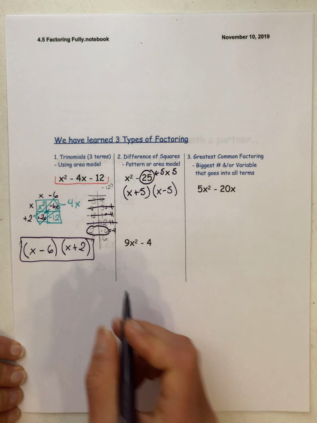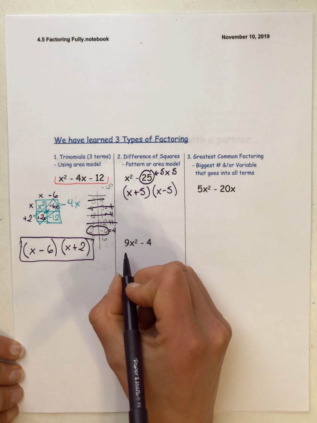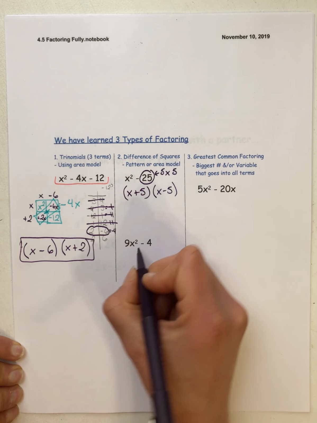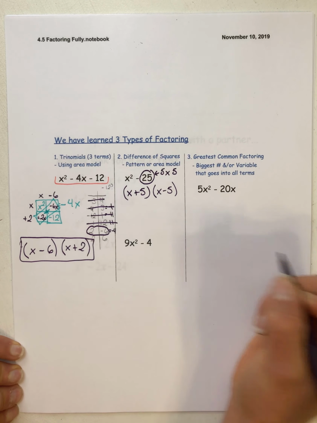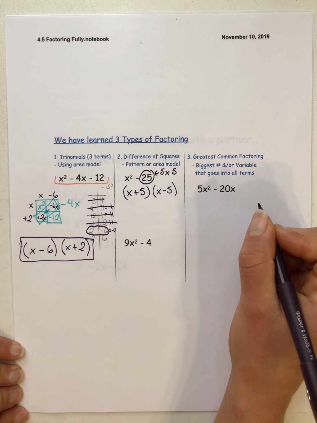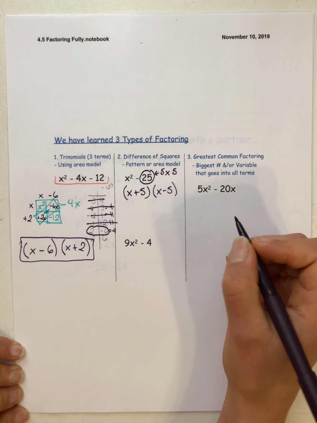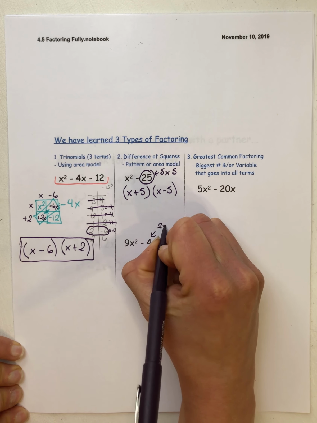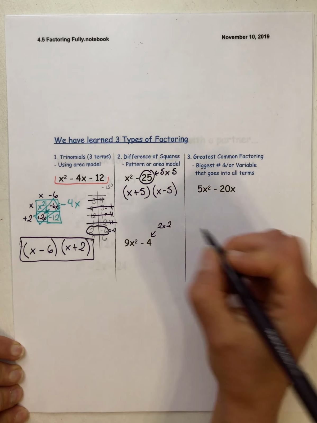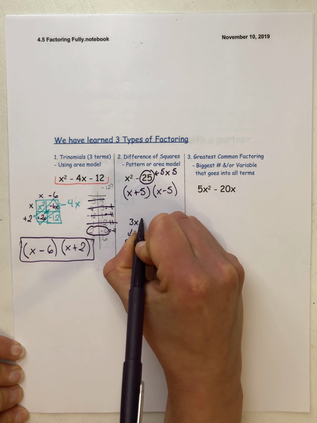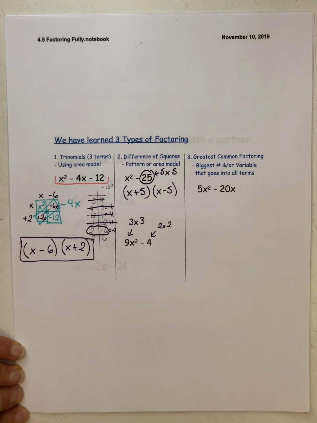Okay? And we can do the same thing here. So the reason we can do this is because we have a negative here. Check. There's no x term. Check. And these are perfect squares. Check. Because 2 times itself gives us 4. And 3 times itself gives us 9.